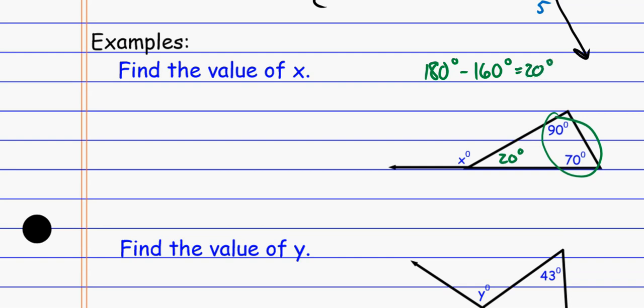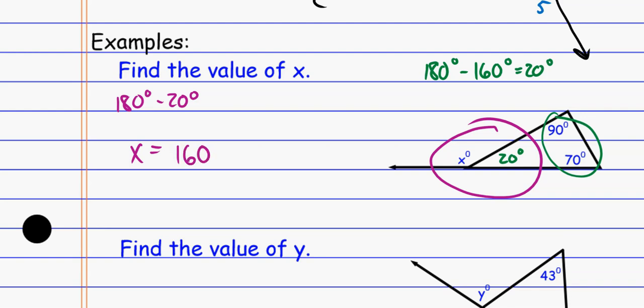And so now if I know the missing angle is 20 degrees, now let's ignore the triangle and look at the thing that makes a line. When you look, these 2 angles together make a line, and we know that lines have to equal 180 degrees, which means if I do a little subtraction here, 180 minus the 20, well, that means that x is going to have to be 160 degrees. It's got to be a 160-degree angle. Okay?